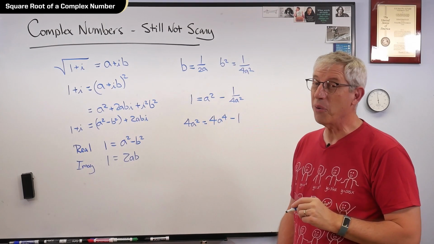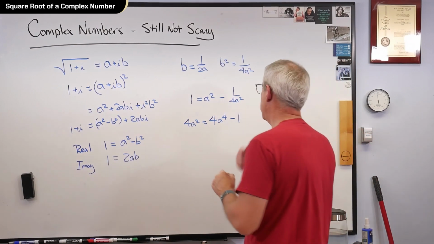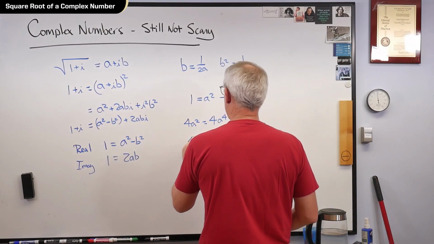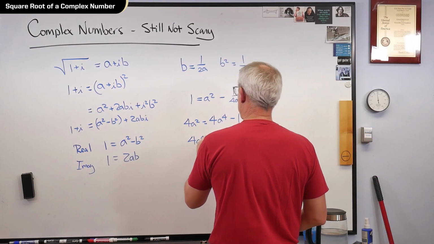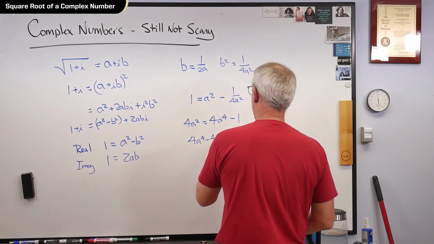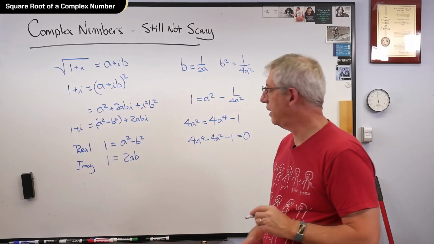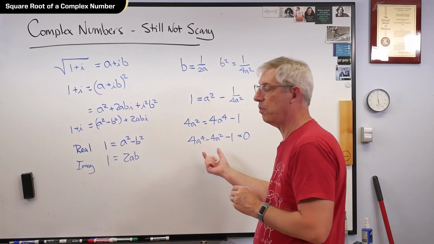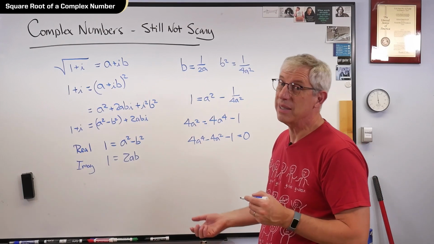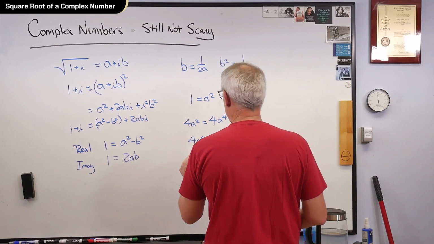Now I have a fourth order equation. Okay, well, here, let's keep going. So 4a to the 4th minus 4a squared minus 1 equals 0. Notice that a squared appears there and it appears squared there. Well, how about if we do this?